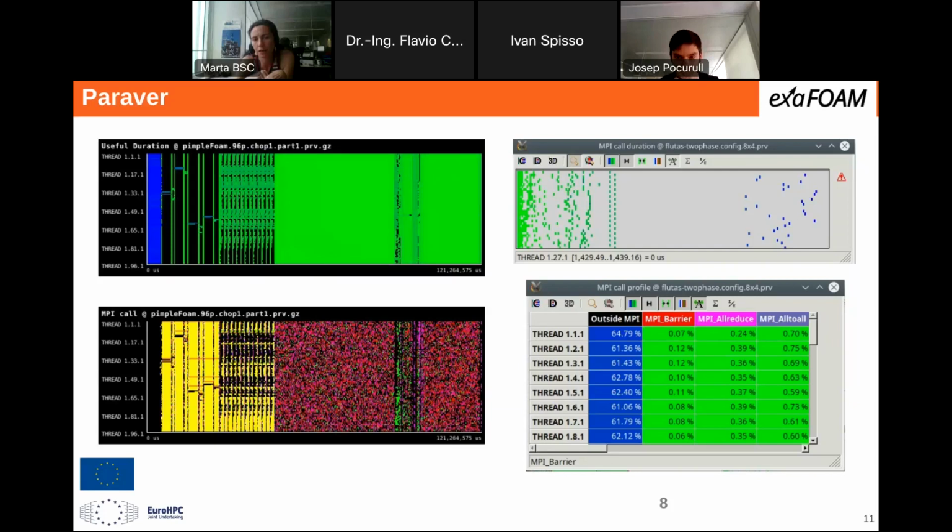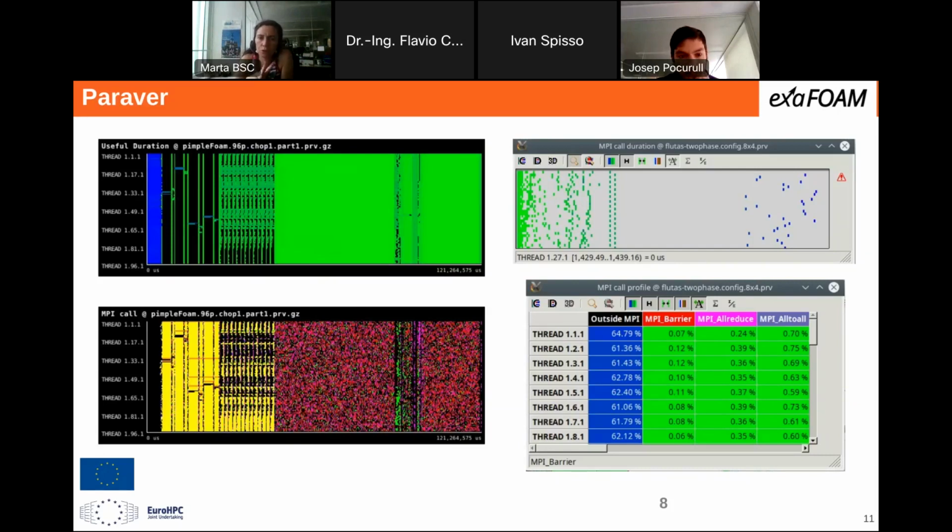In this case, they are MPI processes, because this is an MPI-only application. But if you have a hybrid application, you would see the MPI processes and the threads. So each line of one of these views is one MPI process, and the color can change from view to view. You can select with Paraver what you want to see.